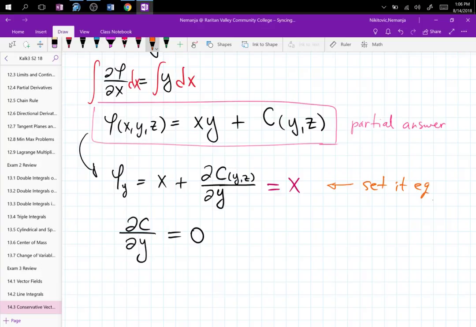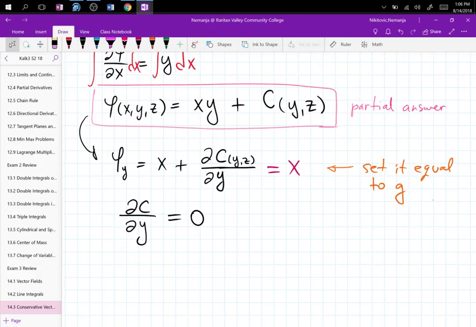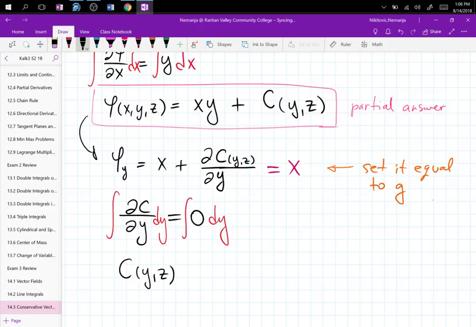Set it equal to g. Alright, so now what do I do? I integrate both sides with respect to y, and I get that c of y, z is equal to 0 plus a constant, but as a function of z.